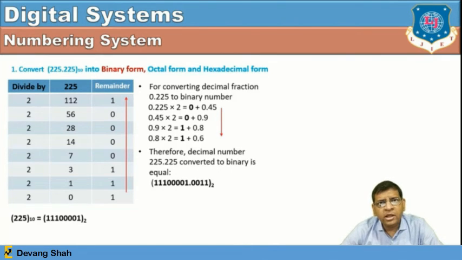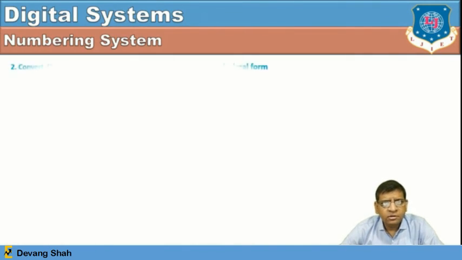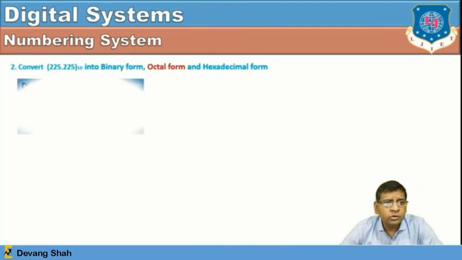Our main aim is to learn the method of how you can convert a decimal number into binary, octal and hexadecimal, and vice versa. How you can convert a hexadecimal number into octal, binary and decimal number, right? So in between you can do the internal conversion of numbering systems. Like 225.225 you have to convert into an octal number.